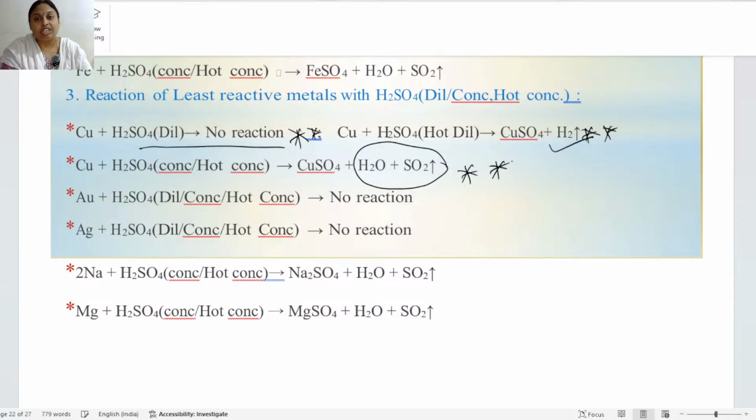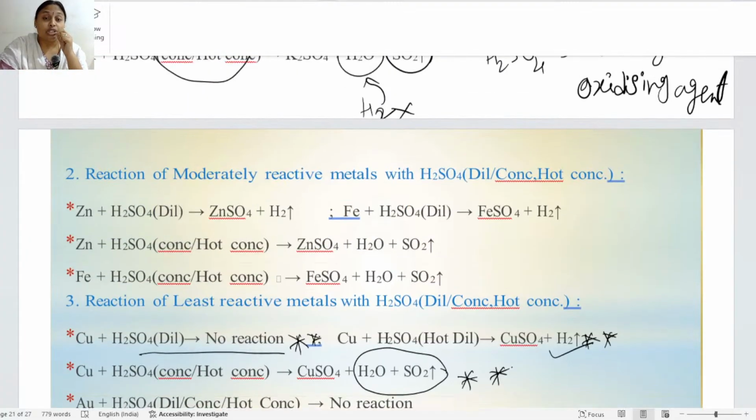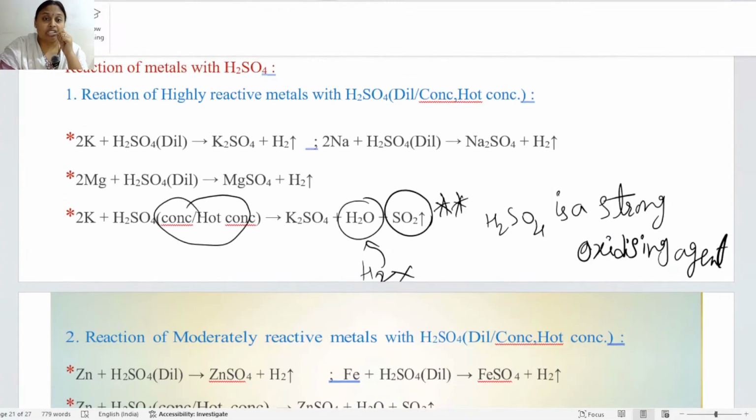So these three changes, based on the metal, we are supposed to focus on. And for the remaining, whether concentrated or hot concentrated, we get water and sulfur dioxide due to the strong oxidizing nature of the sulfuric acid.